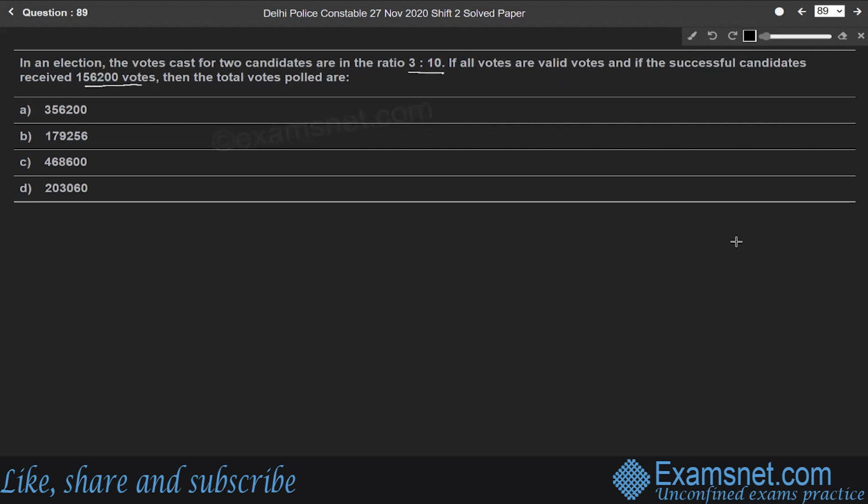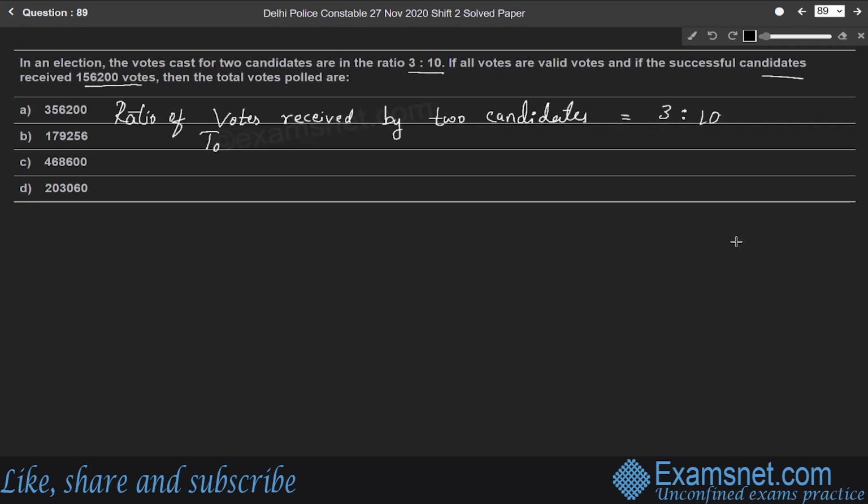So in the question, the given data are the votes received by two candidates in terms of ratio. The ratio of votes received by the two candidates is equal to 3:10.